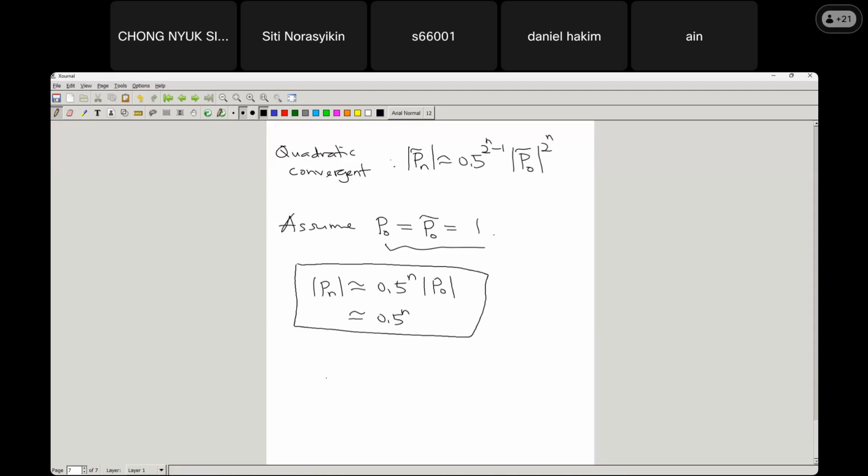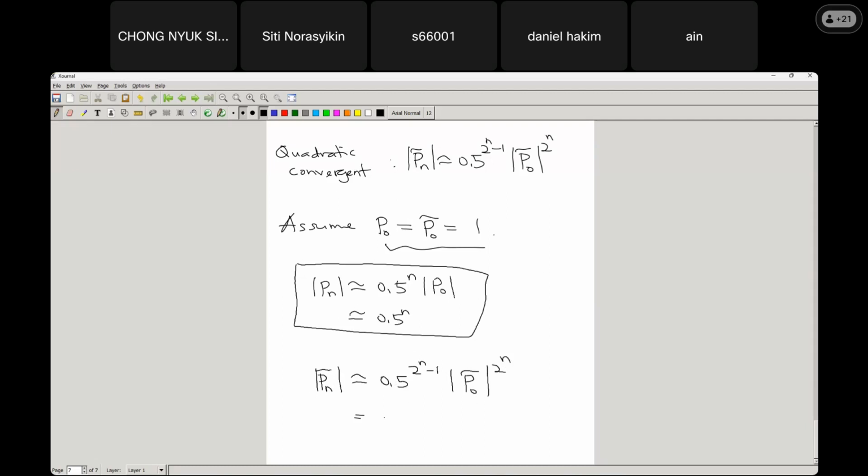Next, for the quadratic, I have Pn tilde that is approximately 0.5 power of 2 power of n minus 1 times P0 tilde, and this is 2 power of n. So I substitute 1.